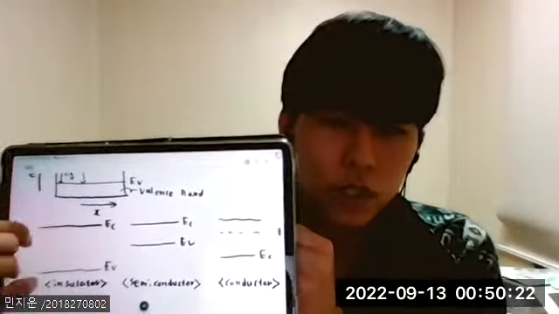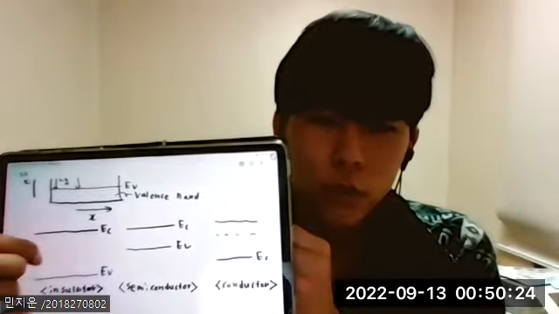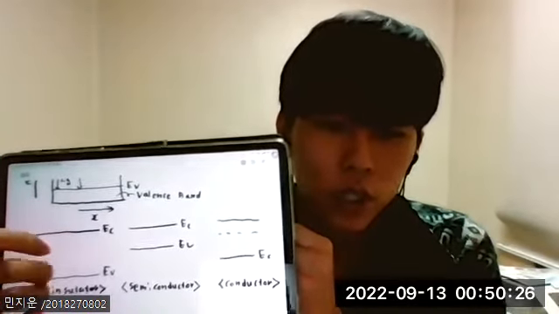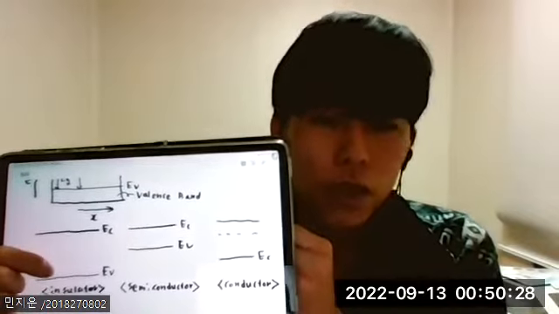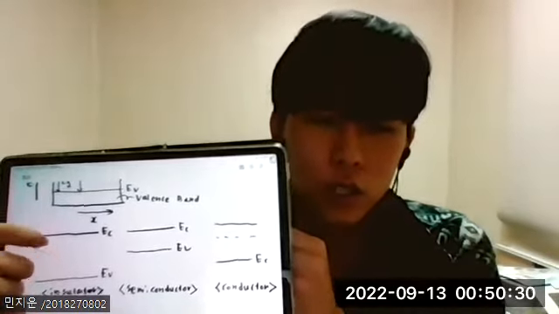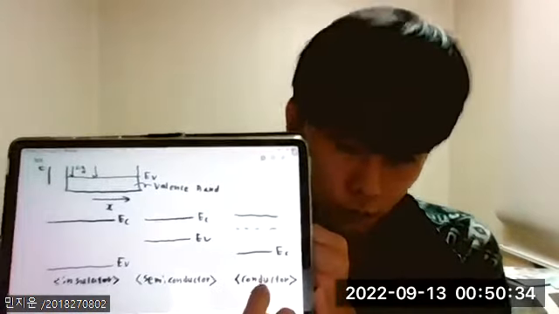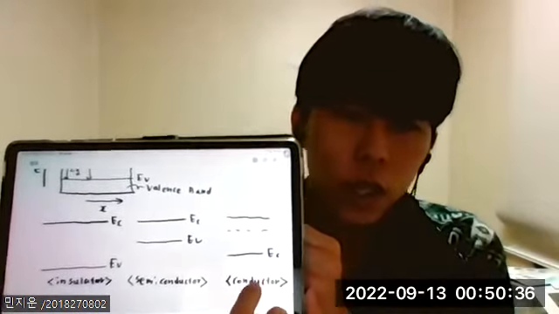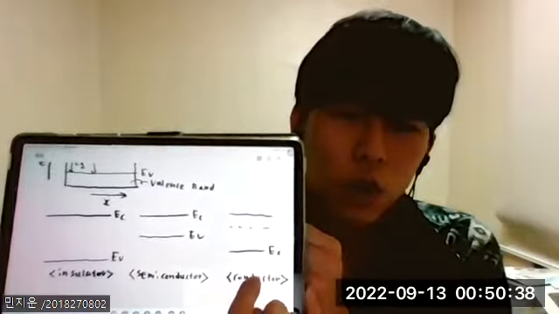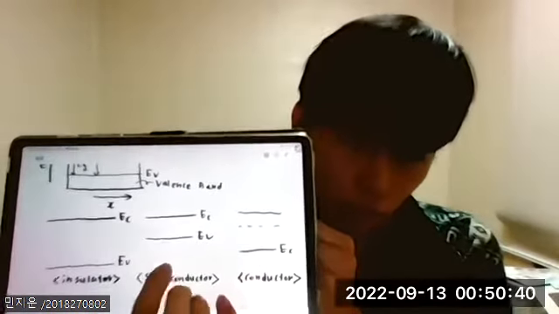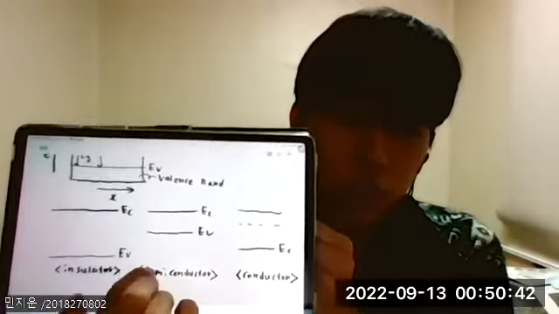Next, we see about the three states of the energy band. First one is insulator. This one has a very large energy band gap. Second one is conductor. This one has a very, very small or no energy band gap. And third state is semiconductor.